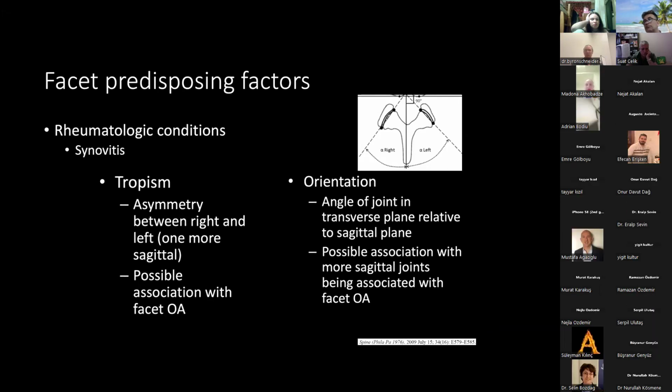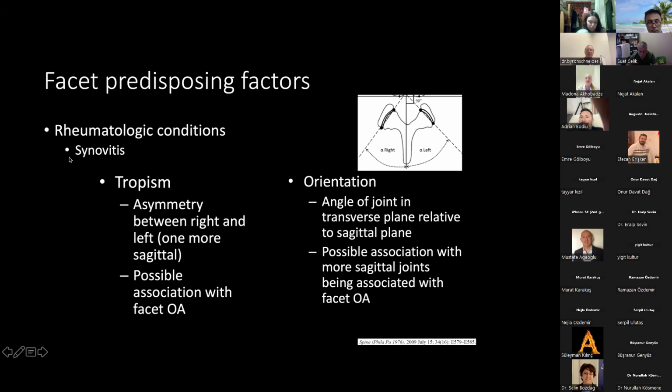And then one thing that may be overlooked is something called facet tropism, which is when the angles of the facet joints are asymmetric. That is likely a predisposing factor for someone developing a symptomatic facet joint at that level. So it's a good idea to remember to look at the angles of the joints and look for asymmetry. If there's asymmetry, one of those joints may be overloaded and thus become a symptomatic cause of their low back pain.